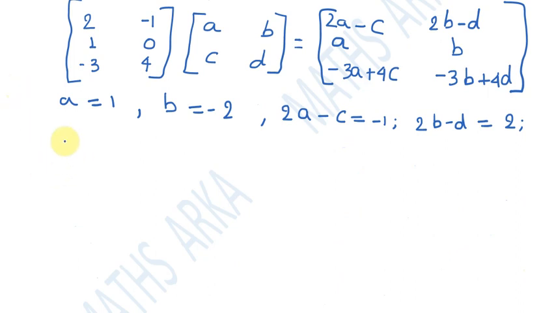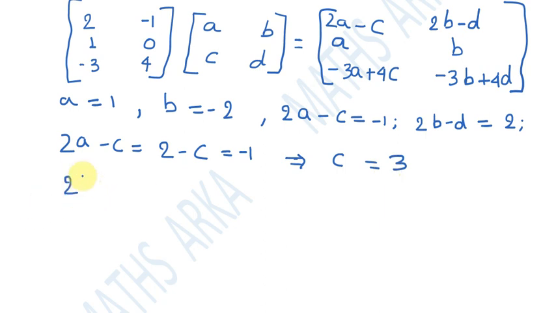Now what do we get? 2A minus C is equal to minus 1, that is 2 minus C is equal to minus 1. What does that imply? Just take C to the right hand side: 2 and minus 1 here, 2 plus 1, that is 3. C is equal to 3. Now 2B minus D is equal to 2.